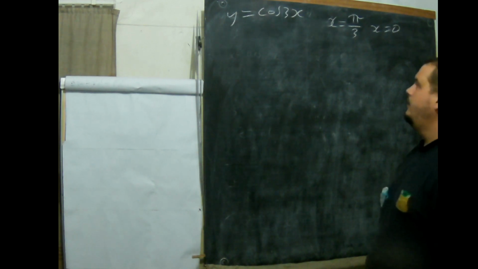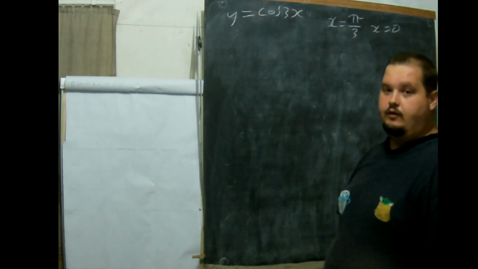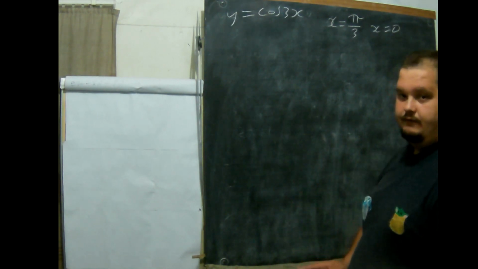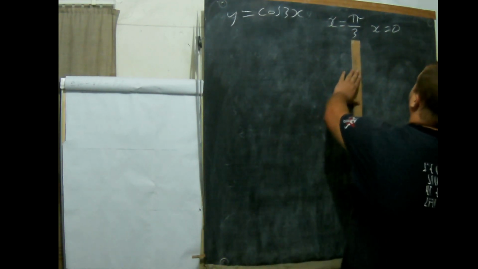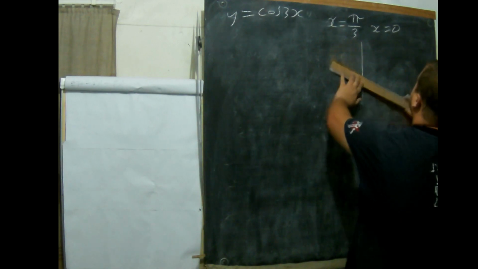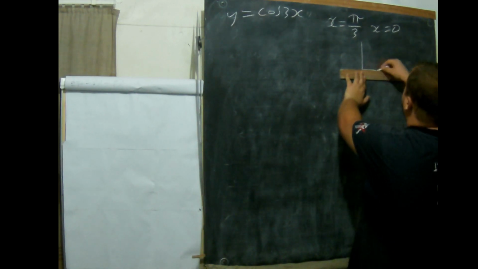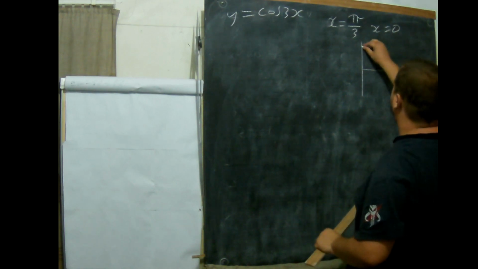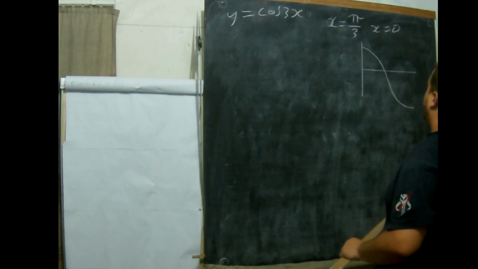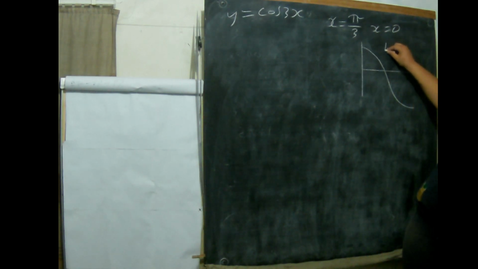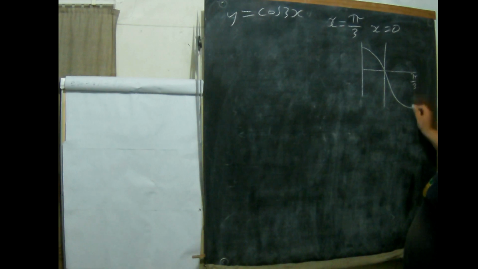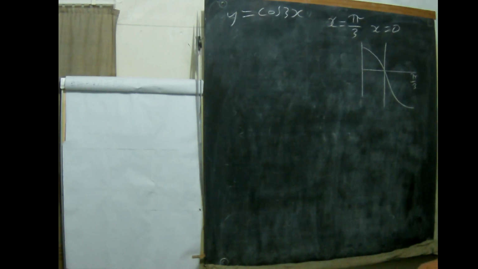Now with a cos and sine graph, you must always remember to cut them in half. In this particular case, we've got cos 3x. So it goes like this. We're going to cut it right here down the middle. So this is pi over 3, which is 60 degrees.